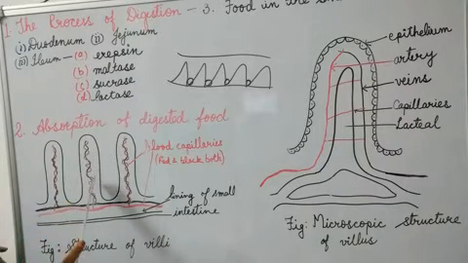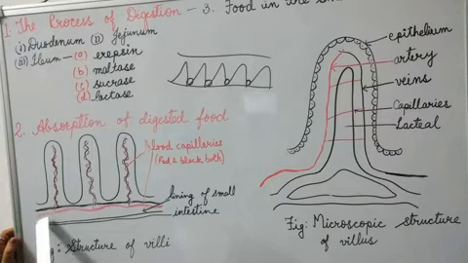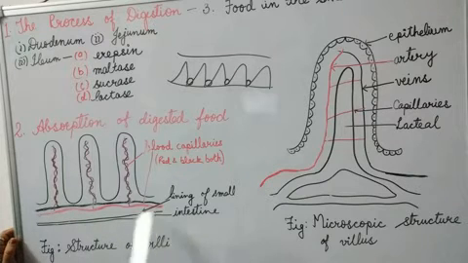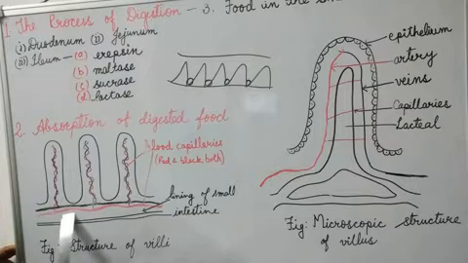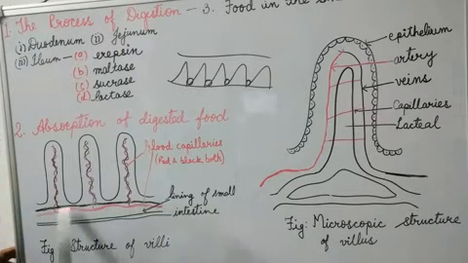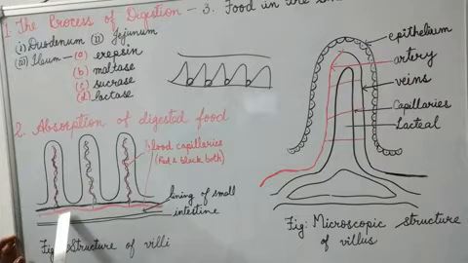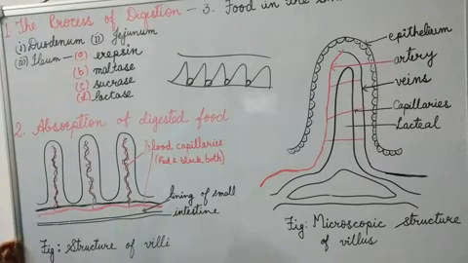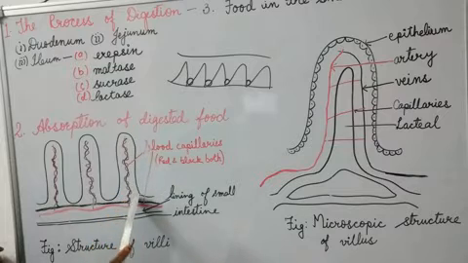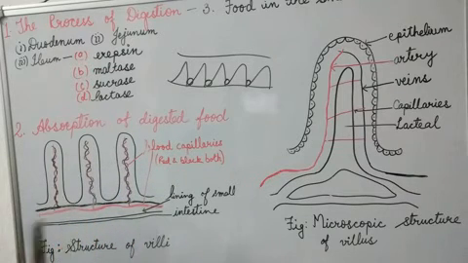These blood capillaries are thin, and the lower one, which is in the lining of the small intestine, is thick. So, these represent the main blood stream, and this one is the blood capillaries present inside the finger-like projections known as villi.